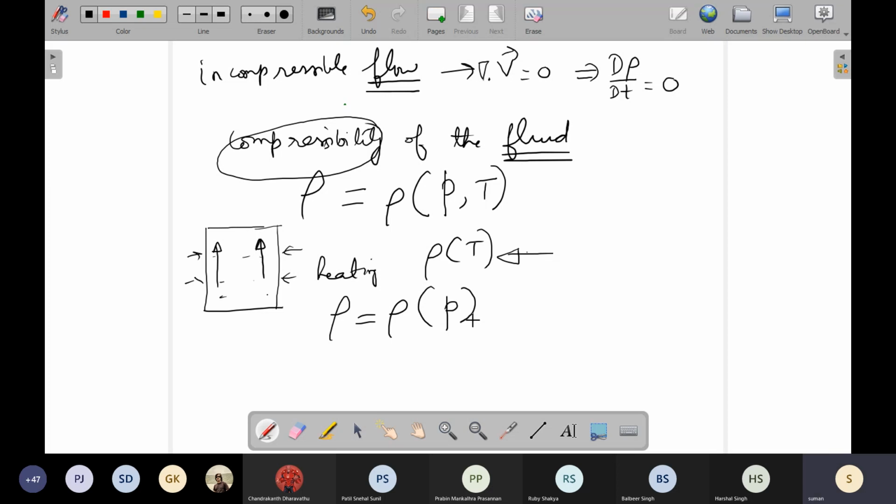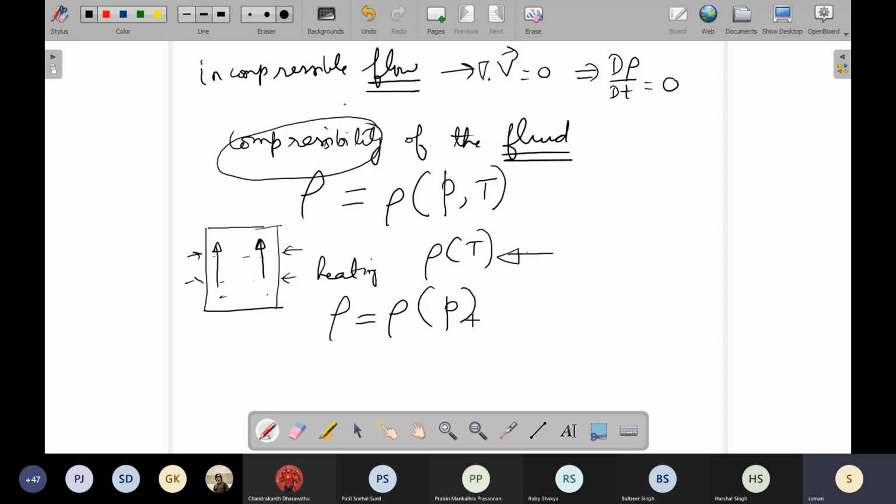We all expect that even with a little change in pressure the density will change, and if you apply pressure, the fluid will in fact be compressed. The compressibility of a fluid, or volumetric contraction or expansion coefficient, is an indicator of how much the fluid will compress due to application of pressure, and that depends on density as a function of pressure.